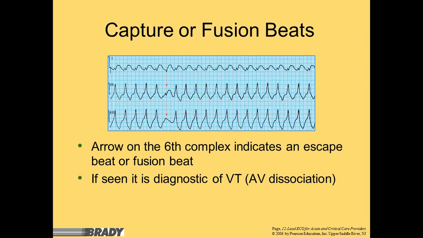If you see that, that is pretty diagnostic of VTach, and it tells you that there's not a lot of association between the atrials and ventricles. Those escape beats happen because they're not talking to one another.